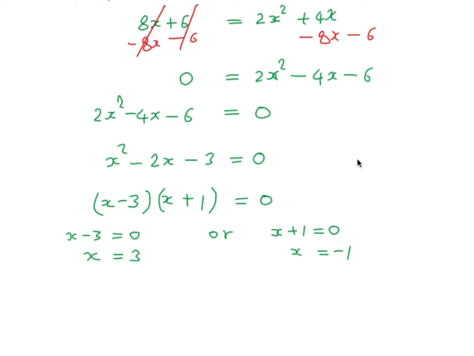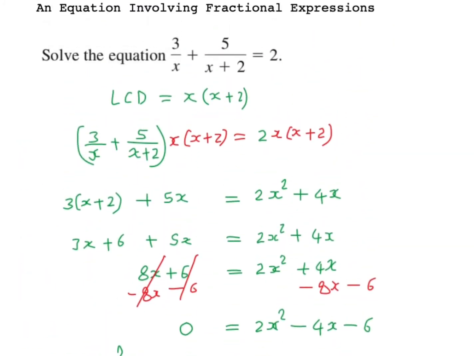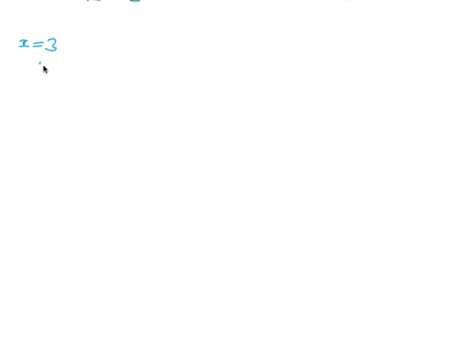But with these other types of equations we have to check our solutions, because there may be extraneous solutions. So we check for x equal to 3. The equation was 3 upon x plus 5 upon x plus 2 equal to 2.